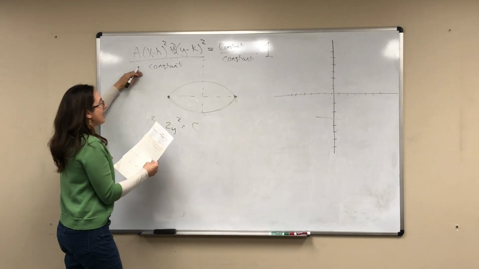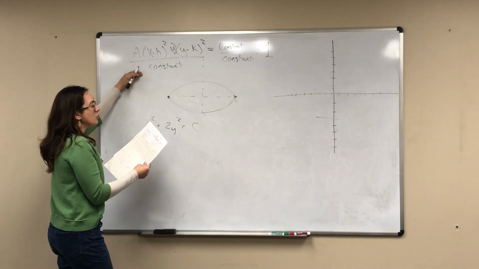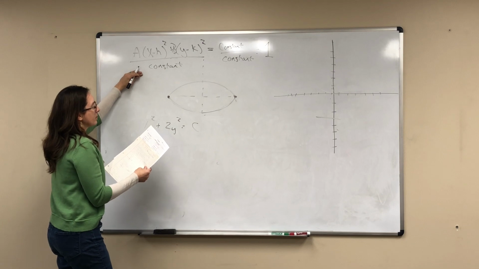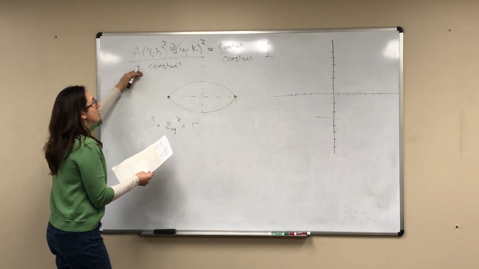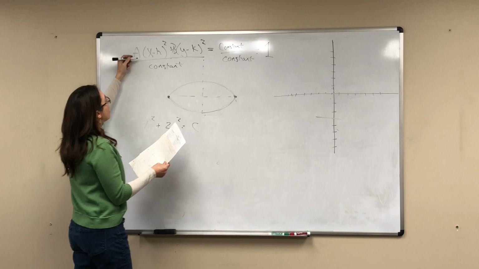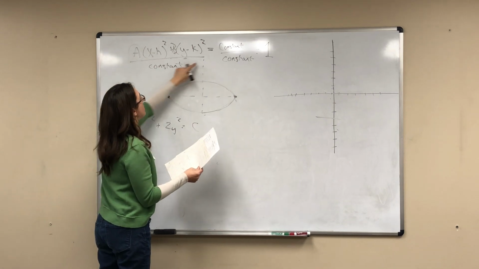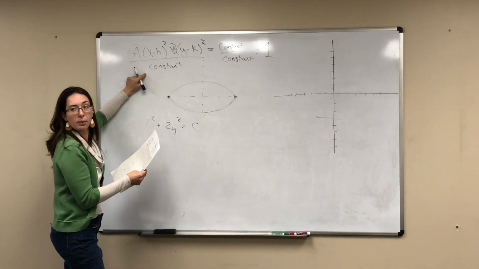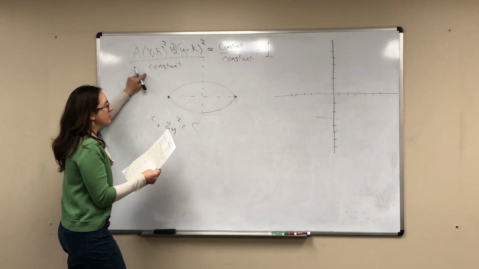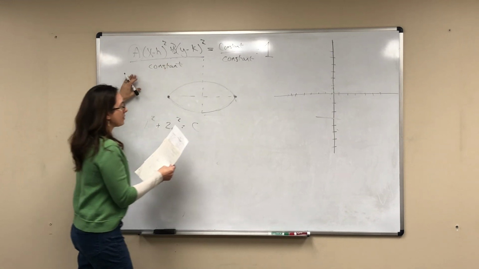Okay? Now, on the bottom, they have an a squared and a b squared. Okay? So how do we end up with these numbers? Well, whatever we had as the coefficient divided by the constant is going to give us a new number under there, okay? Same across.